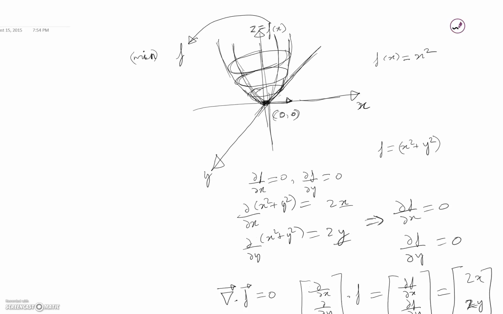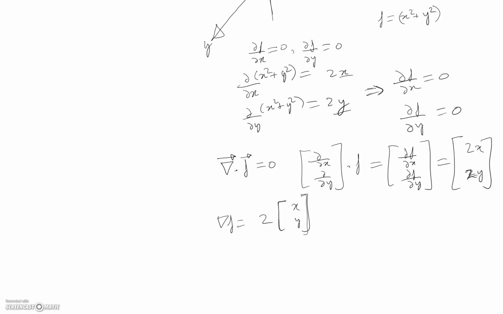If you have this plane and this is the value of z, and you go to any point x comma y, so let's say over here, all you need to do is extend this vector and scale it by 2, and that will be 2 times x comma y, which happens to be your gradient del f. So remember that. Now we've mastered unconstrained optimization.